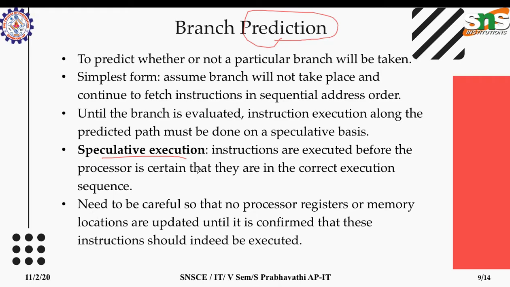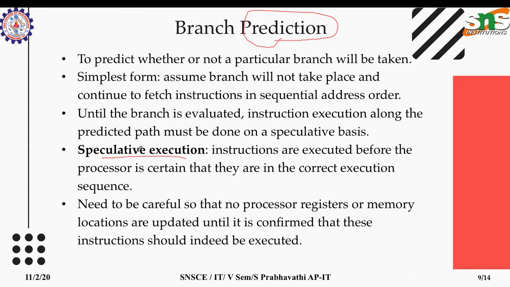Once the prediction is right, this speculative execution will go and update its output in the processor or somewhere else. Until then it should not do any updates. So that's the concept of speculative execution. We need to be careful so that no processor registers or memory locations are updated until the branch address is confirmed.